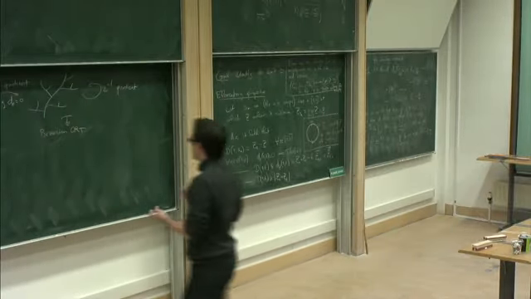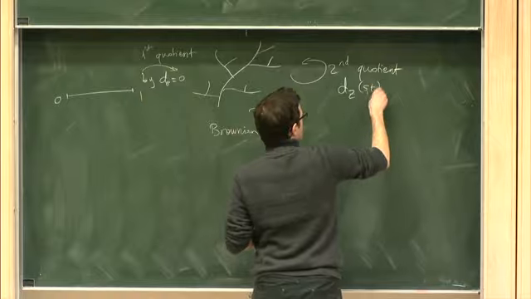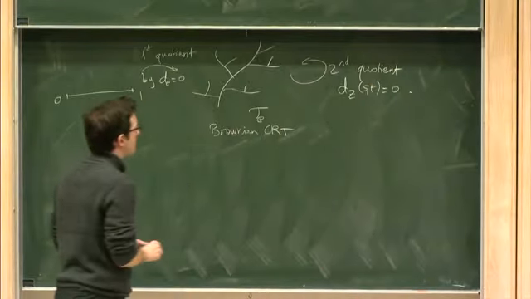So what does it mean that dz of s, t is equal to 0?